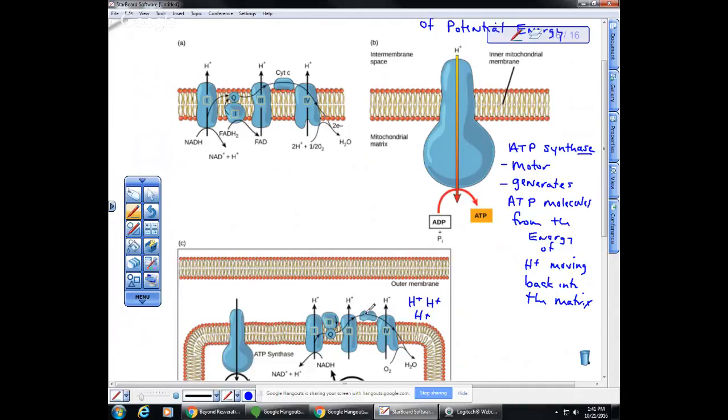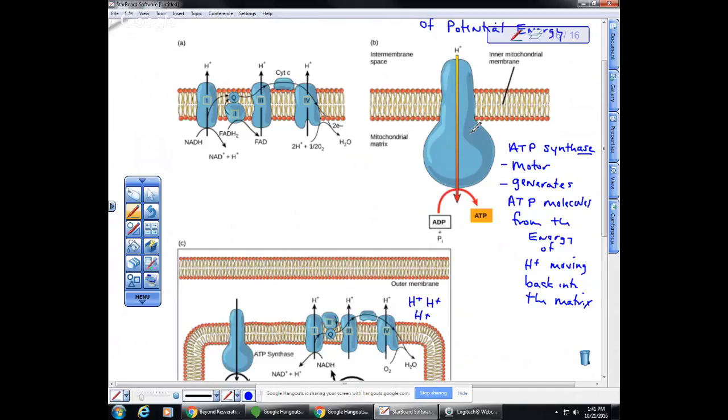Okay. So here you can see we're pumping, and notice here that FADH2 also gets oxidized and loses its hydrogen and loses some electrons. And then this arrow just shows the movement of the electrons, but the hydrogen gets pumped out. Okay. So I have a kind of cool video that shows how a protein could act as a motor.